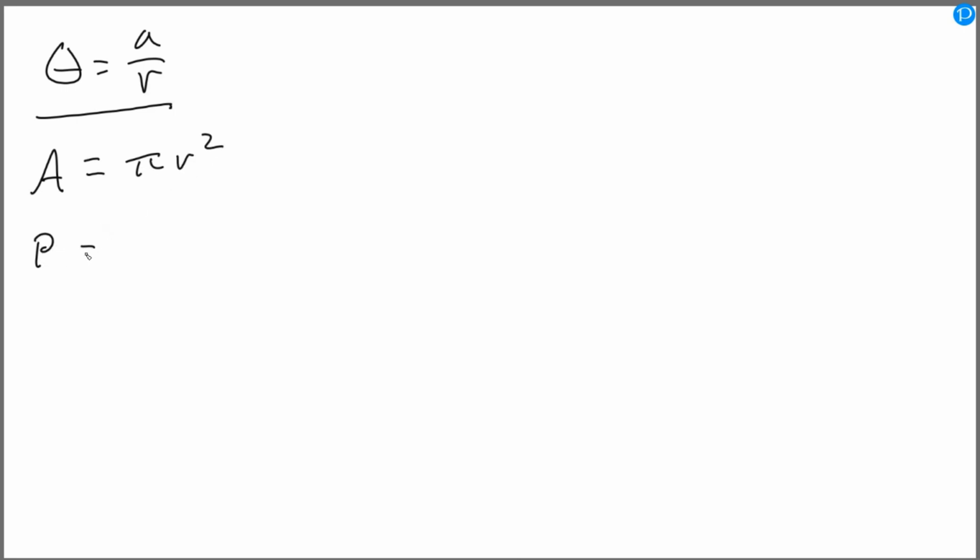Remember the perimeter of a circle is 2 pi r. And let's remember how to calculate sectors. So sectors like this. Let's call this r. Let's call this arc length.